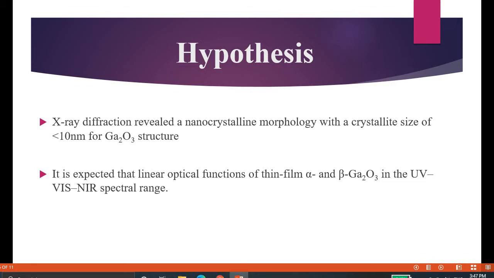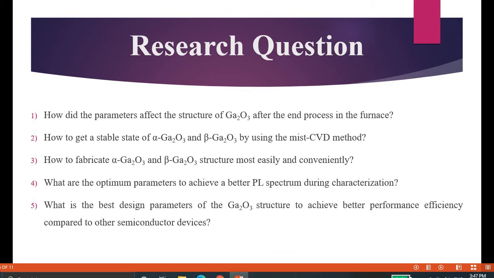So now comes the research questions. I have five research questions in mind. The first is how the parameters affect the structure of gallium oxide after the annealing process. The second is how to get a stable state of alpha gallium oxide and beta gallium oxide by using the mist-CVD method. The third question is how to fabricate alpha and beta gallium oxide structures in the easiest and most convenient way.